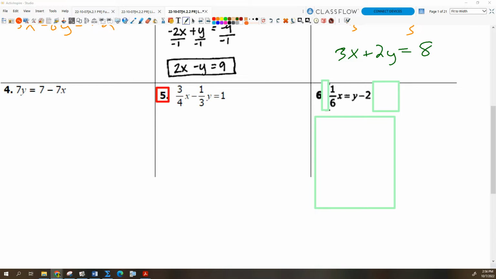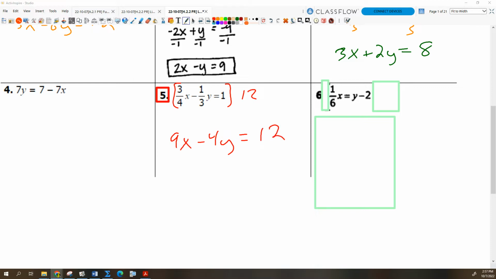Yeah, good. If I multiply through by 12, 12 over 4 is going to reduce to a 3 times 3x, so we're going to get a 9x. Everybody agree? 12 over 3 is 4 times -1, so I get a -4y. What do I get on the other side? 12. There you go, and I'm done.